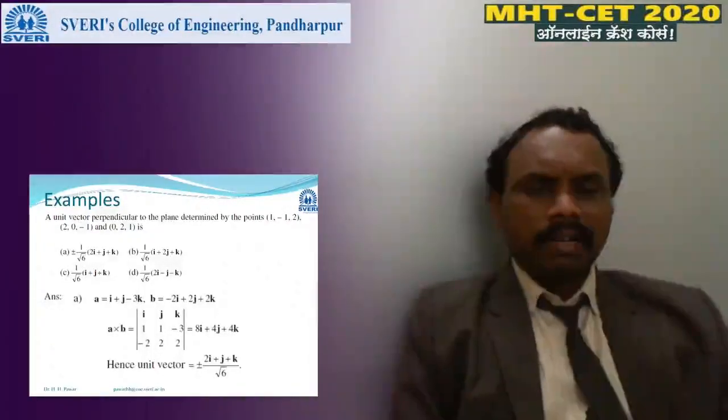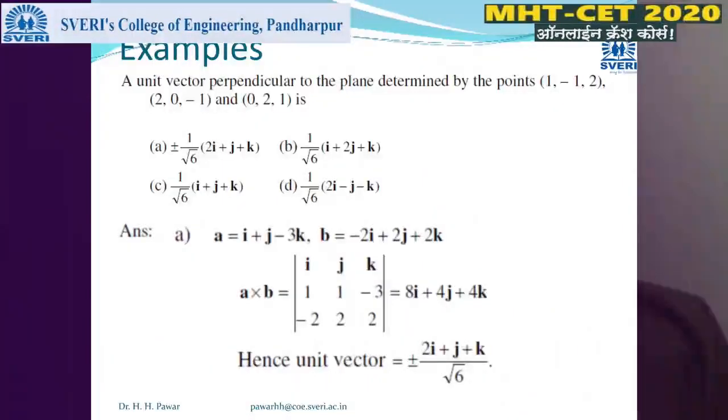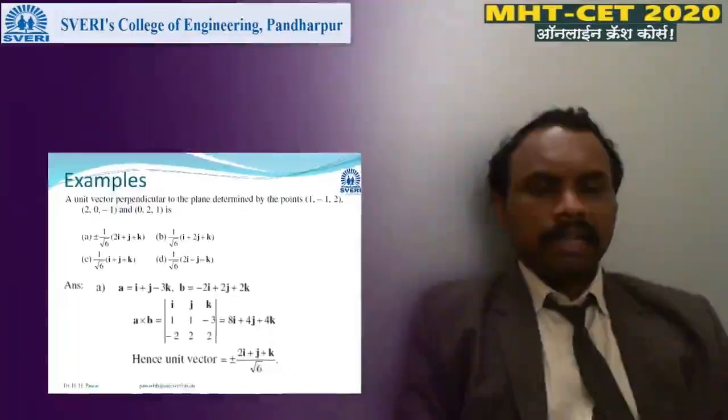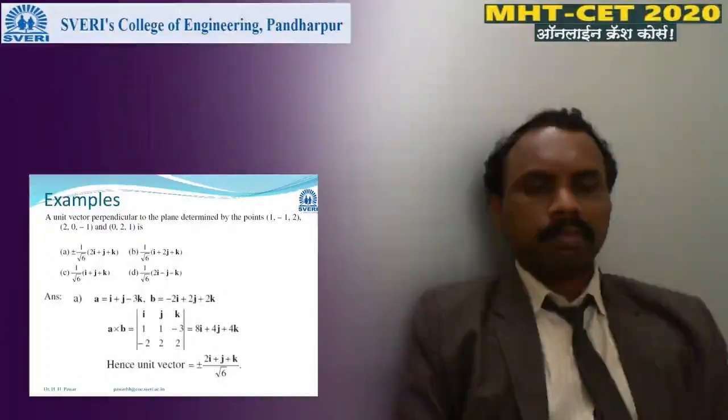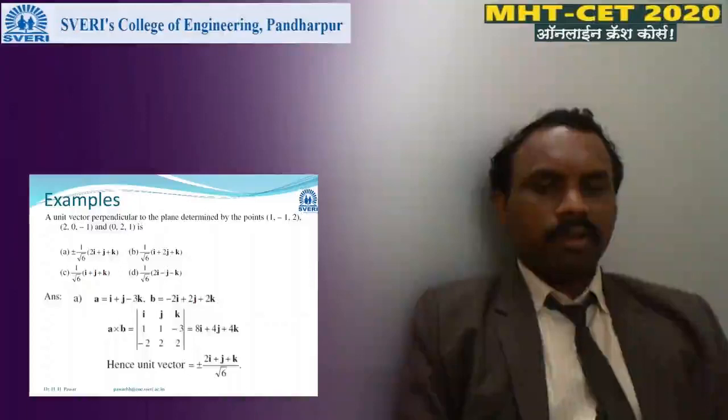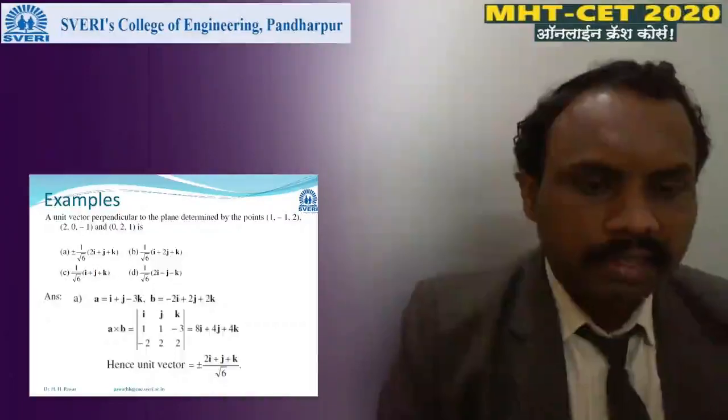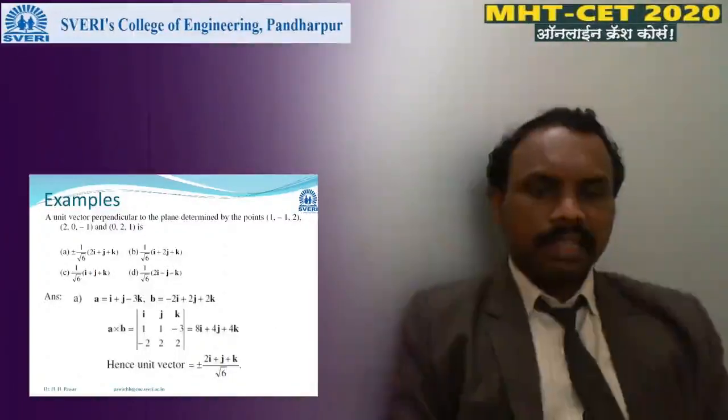So a bar cross b bar is obtained by using the determinant, first row i, j, k, 1, 1, minus 3 and minus 2, 2, 1, which gives us 8i plus 4j plus 4k. Hence, for finding the unit vector, first find the modulus of a bar cross b bar, which is equal to square root of 8 square plus 4 square plus 4 square, that is square root of 64 plus 16 plus 16, that is square root of 96 in this case.